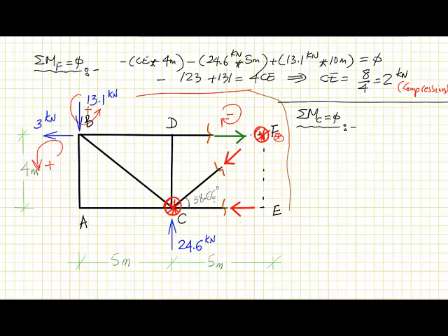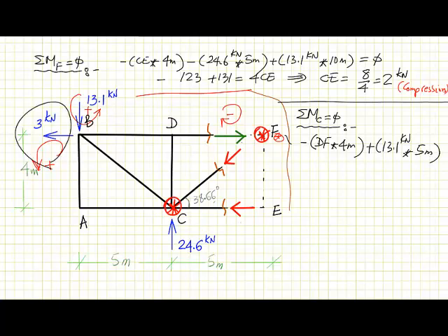Starting from the first one, which is this one, that is minus DF multiplied by the distance between this and this, which is equal to 4 meters. And then we have this one, positive 13.1 kilonewton multiplied by the distance, which is 5 meters.